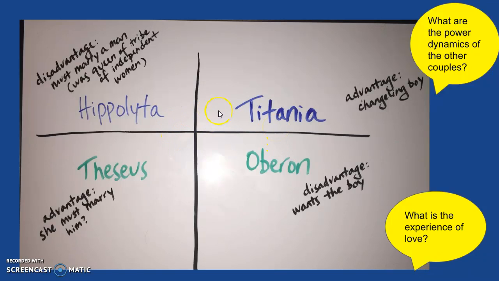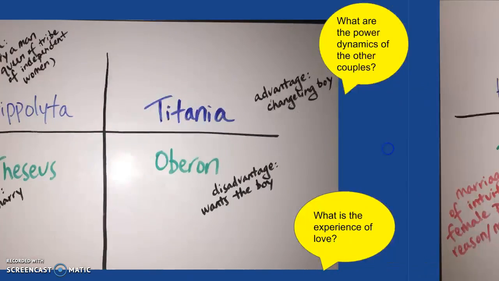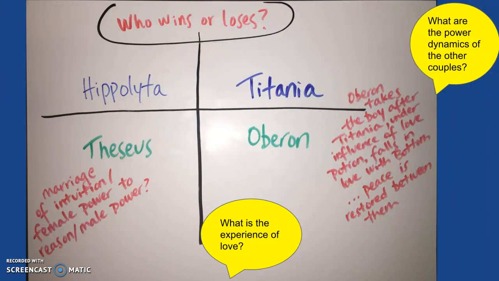So secular power and magical, natural, perhaps spiritual power over here. Interestingly, you can have the same actors play both Hippolyta and Titania and Theseus and Oberon. You can ask these questions.